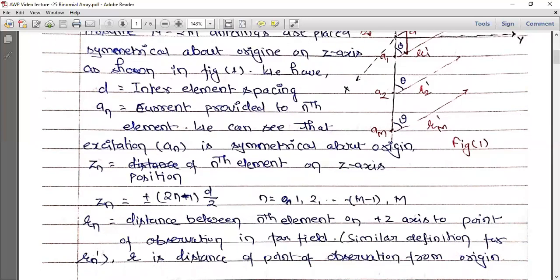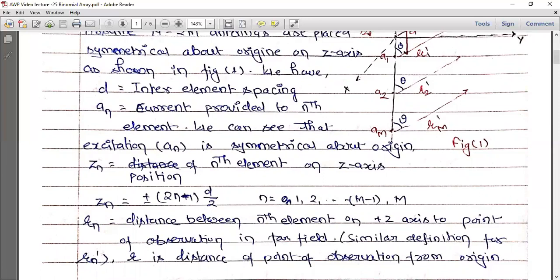They may have different phase differences or a progressive phase difference. They may be placed at different points. But if they are identical, then we talk about the array factor. So in the case of these non-uniform antenna arrays, we consider that all elements are identical, all elements are alike. Antenna arrays with different elements we studied in some of our previous lectures on special antennas, like the log periodic antenna array or the Yagi-Uda.